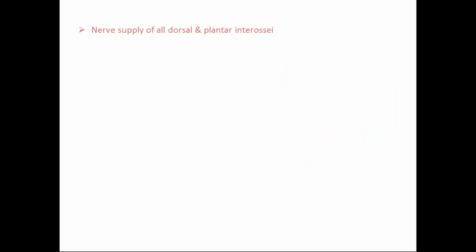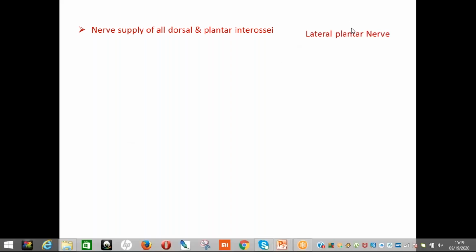Okay. Now, the next question is, the nerve supply of all dorsal and plantar interossei is by? How are the interossei muscles supplied? The answer is the lateral plantar nerve.